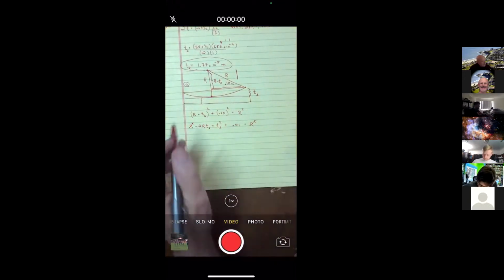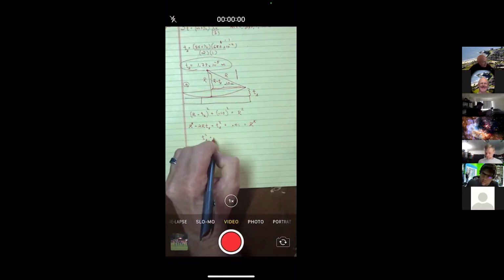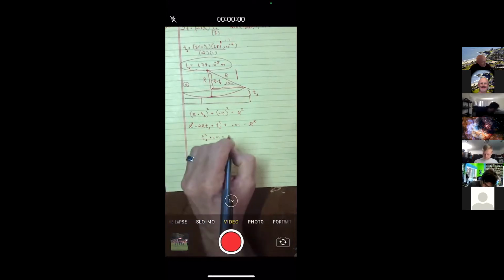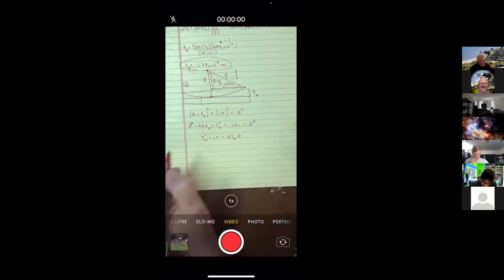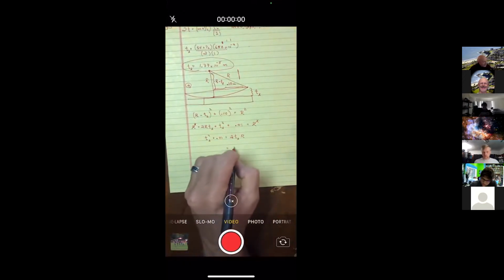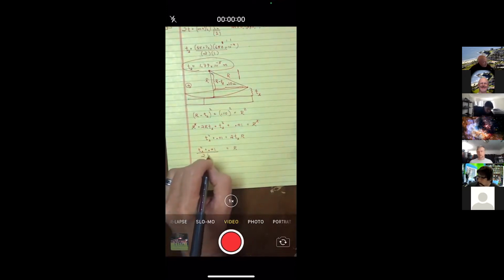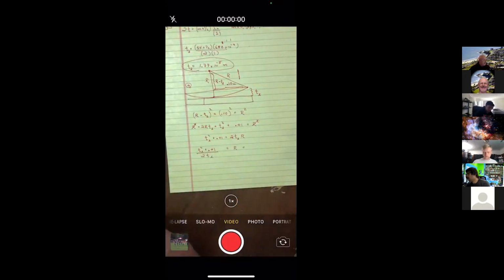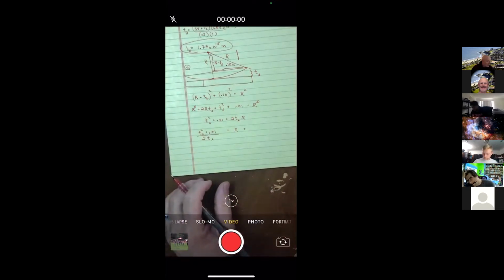If you move this to the other side, you get T sub L squared plus 0.01 is equal to 2 T sub L over R, and I'm trying to get the R. So R would be T sub L squared plus 0.01 divided by 2 T sub L. And that's then the geometry of how I get the R from the thin film.